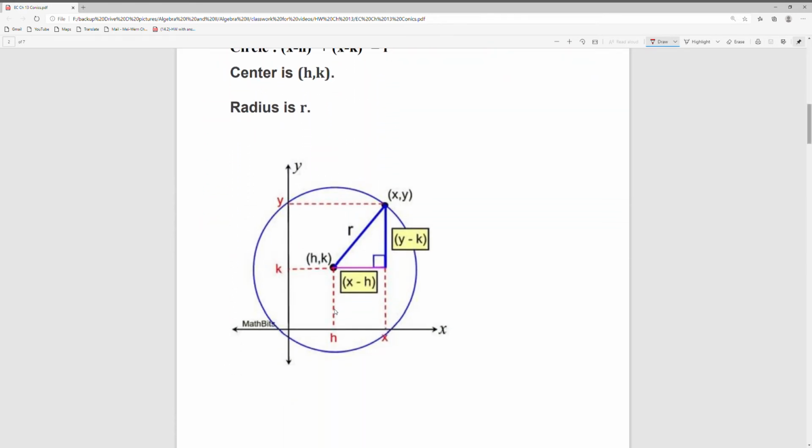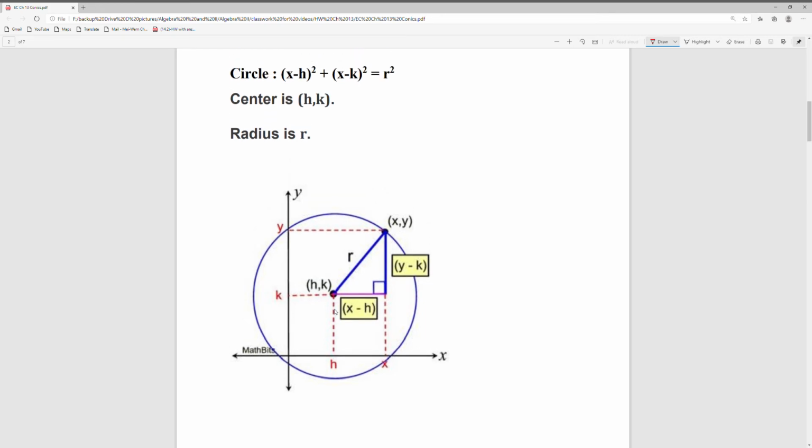All the detailed calculation will be in our classwork PDF file. Right now here, we only roughly talk about the concept, not the detailed calculation. So how does the circle formula come about? Basically, if you have a center, the definition of the circle means the radius, the distance from the center to anywhere on the circle.